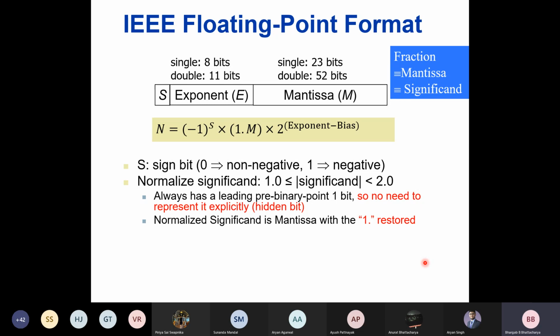In floating point, you want to represent very small numbers and fractional numbers also. So this exponent could be positive or negative, just like the sign could be positive or negative. So 2 to the power something could be positive or negative.